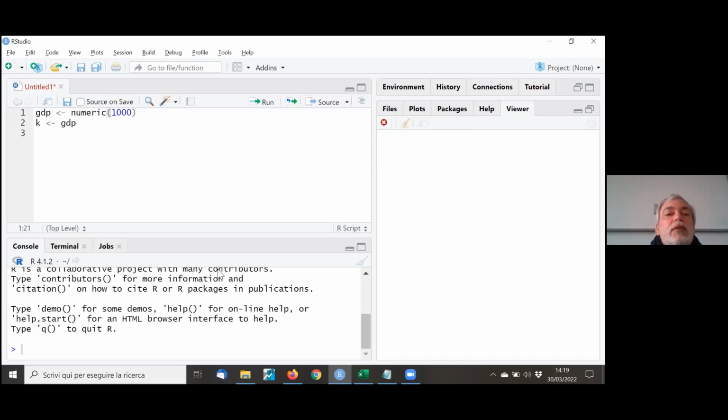So basically now you have GDP, which is a vector of 100 zeros. No, but 1,000 should be the value, not the number of zeros. First we have to create where to save the data. And then if you want to give the starting value of GDP to be equal to 1,000, then you have to say that.